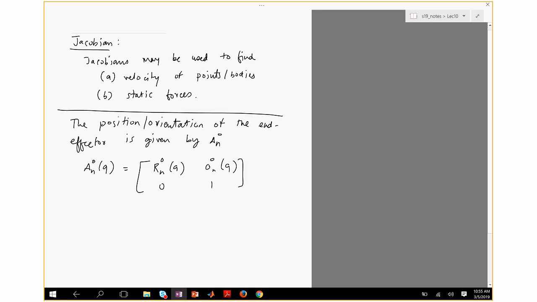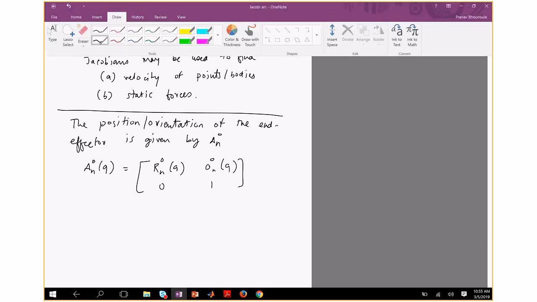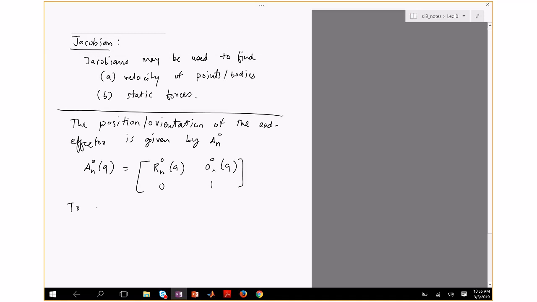Okay, so given this transformation, that is the position of the end effector, rotation R, and position O_N, in order to find velocities and angular velocity of the end effector link.